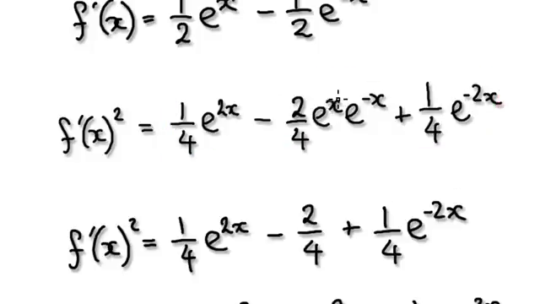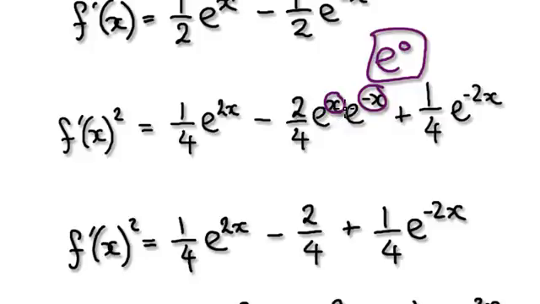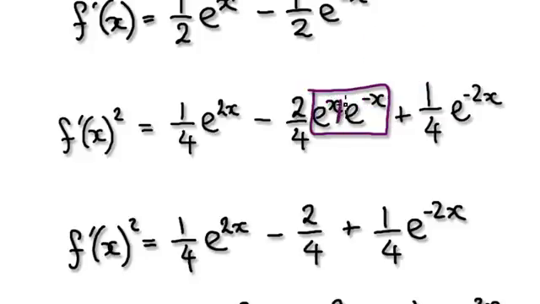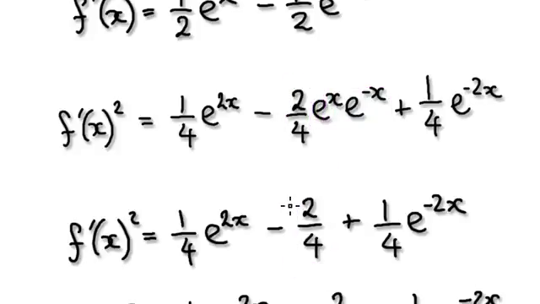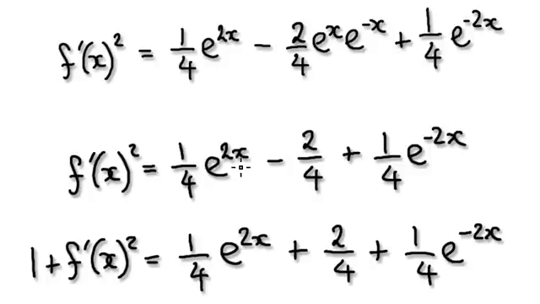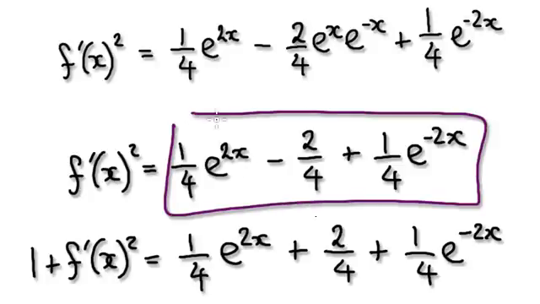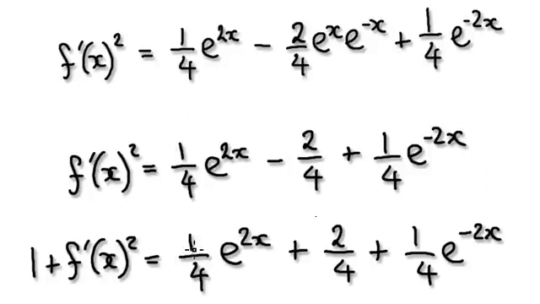Notice that this times this is really you adding these two together. So that would be e to the power 0. E to the power 0 is 1. So this whole block here is 1. So now this is this. And then once you've squared it, we will then give you this, and then add 1.